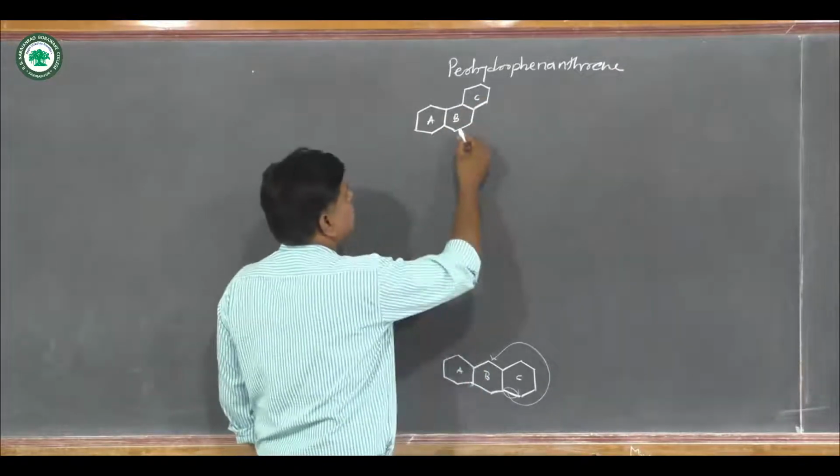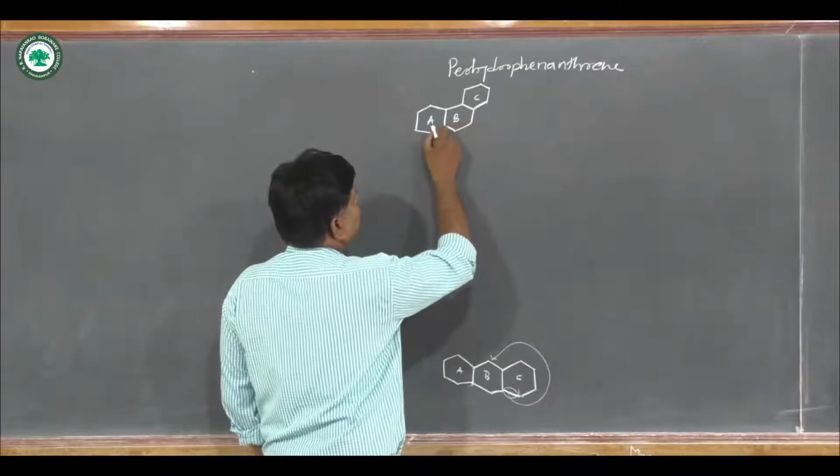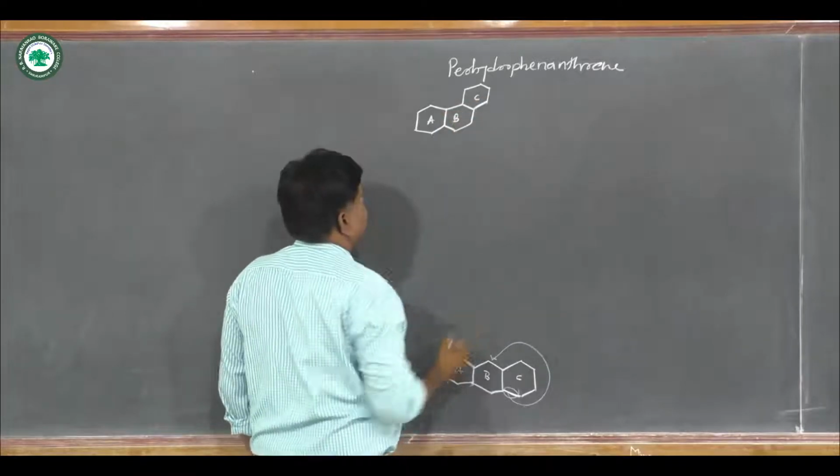If we see here, B ring is in contact with A and C by 1 2 manner.